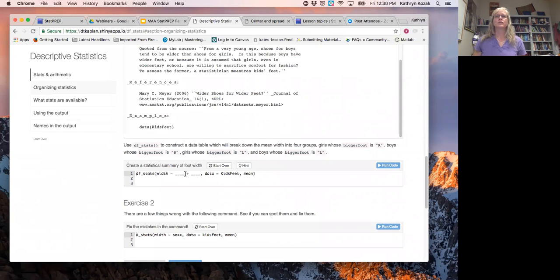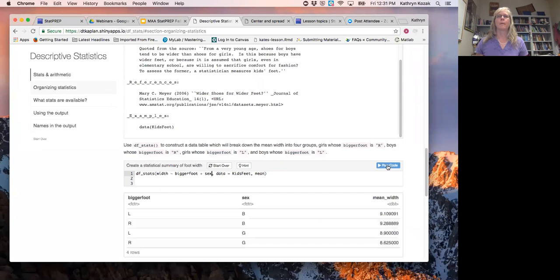So let's say we're going to do width, and we might want to do bigger foot, and then we might want to do with, maybe we'll do sex, and then we see if that works.